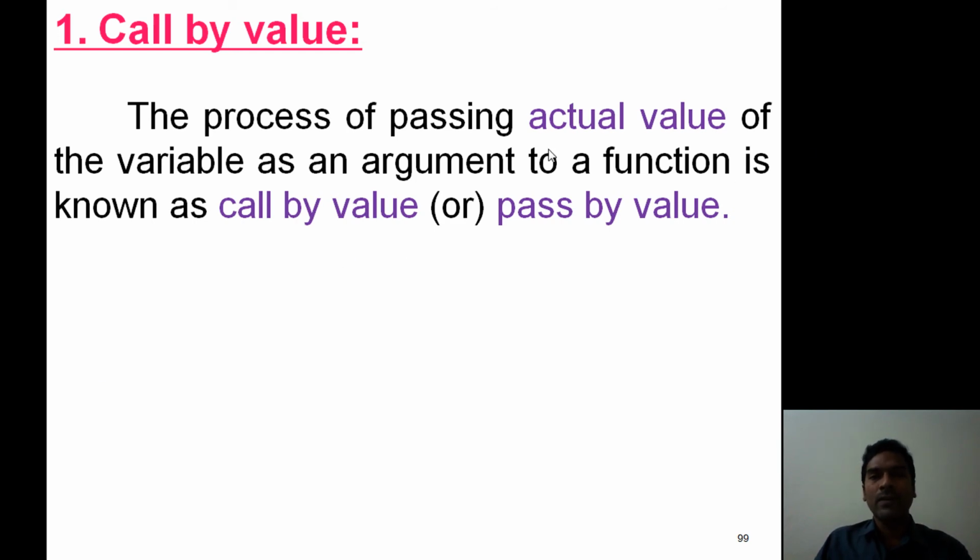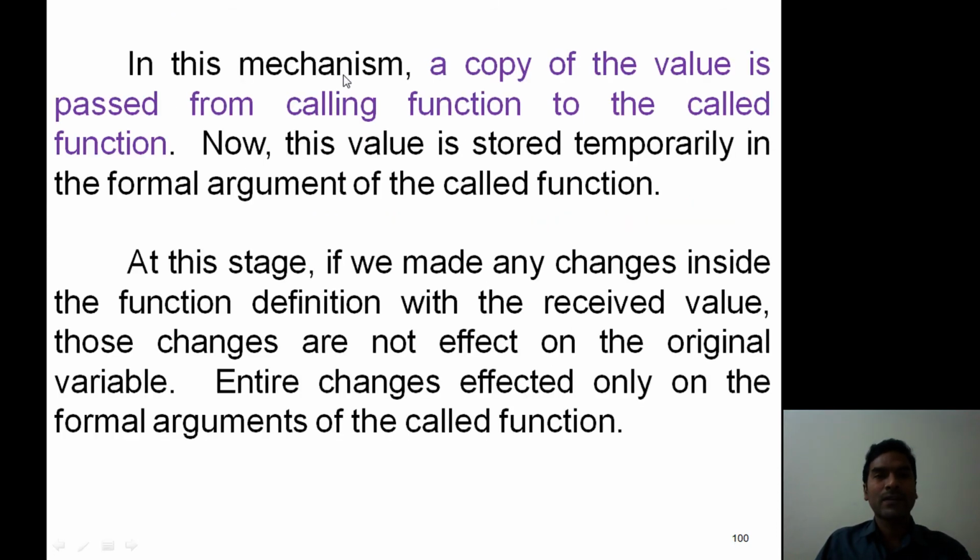Now, when we pass actual value, now what will happen? Here, when we apply this mechanism, a copy of the value is passed from calling function to the called function. Only a copy of the value is passed from calling function to called function.